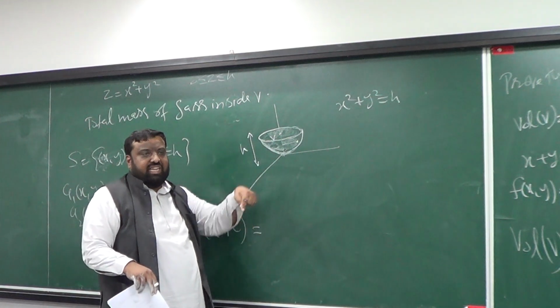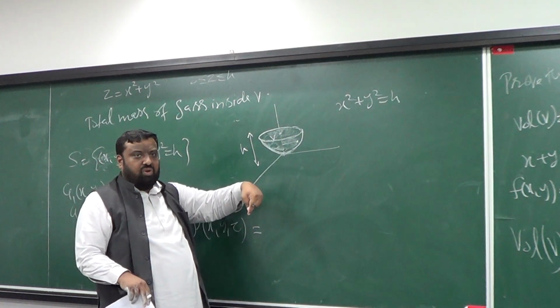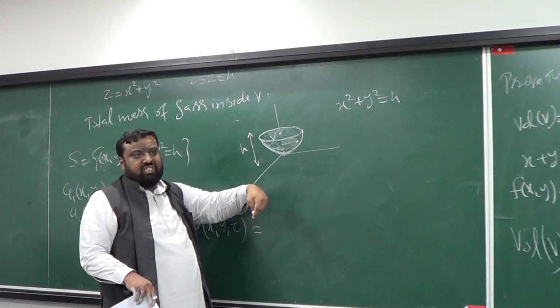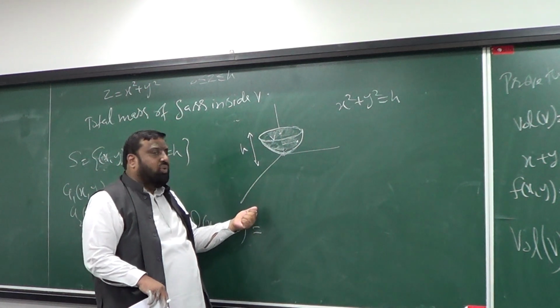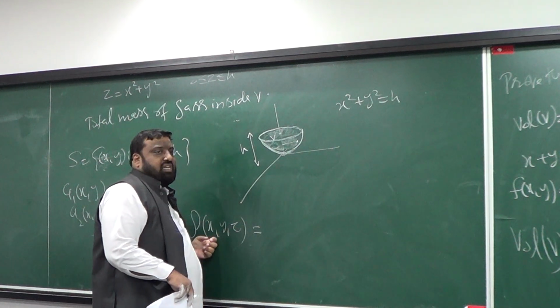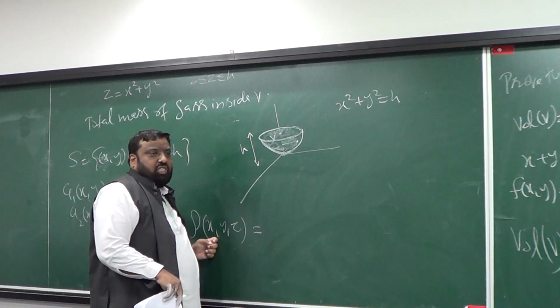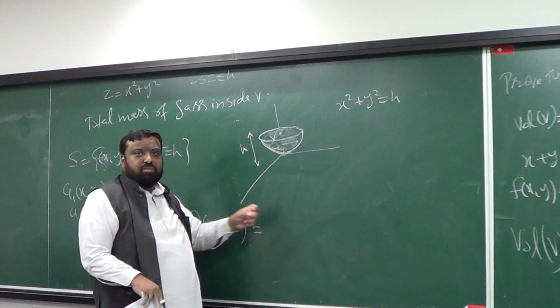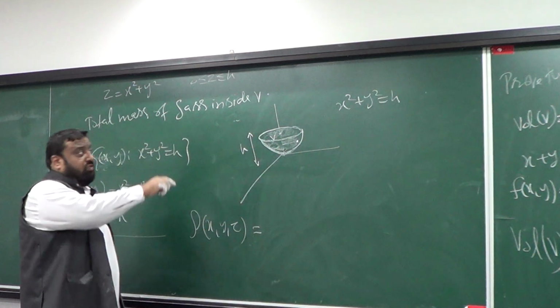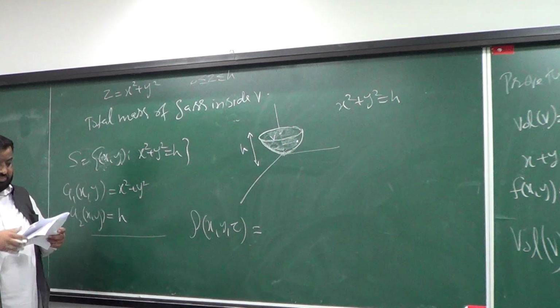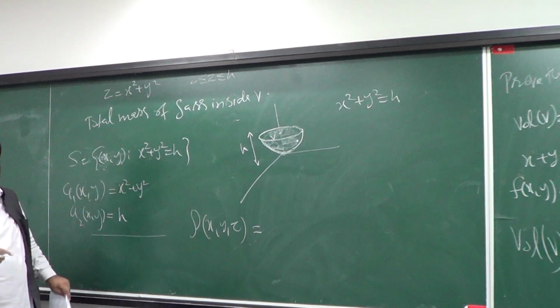So you take an arbitrary point in the bowl and want to know its density, and we are told that this density is proportional to the distance of that point from the z-axis. So if I take an arbitrary point here, what would be its distance from the z-axis?